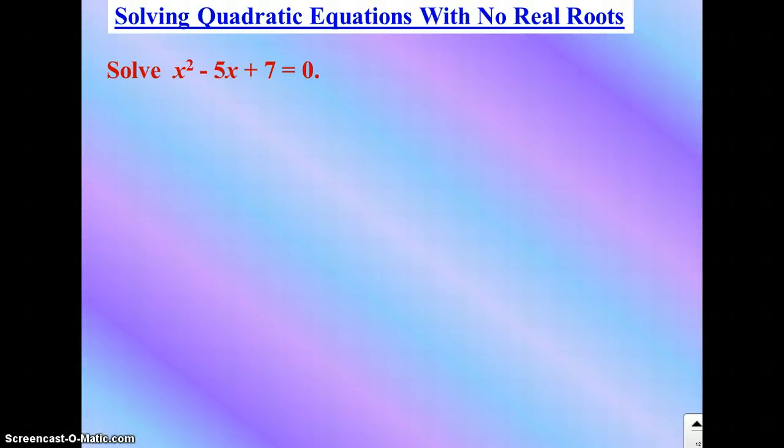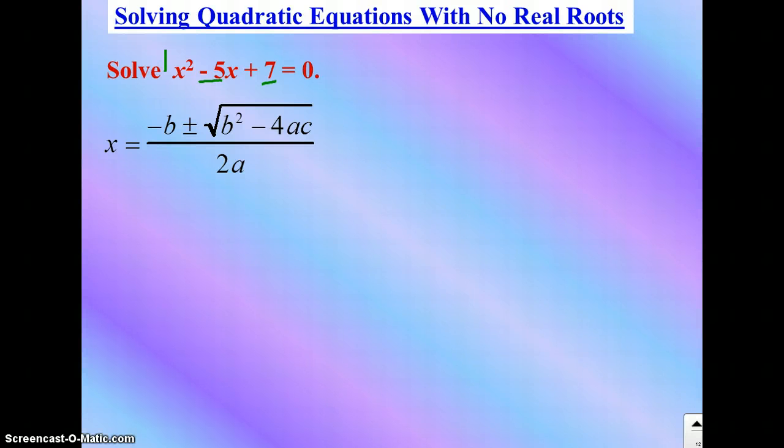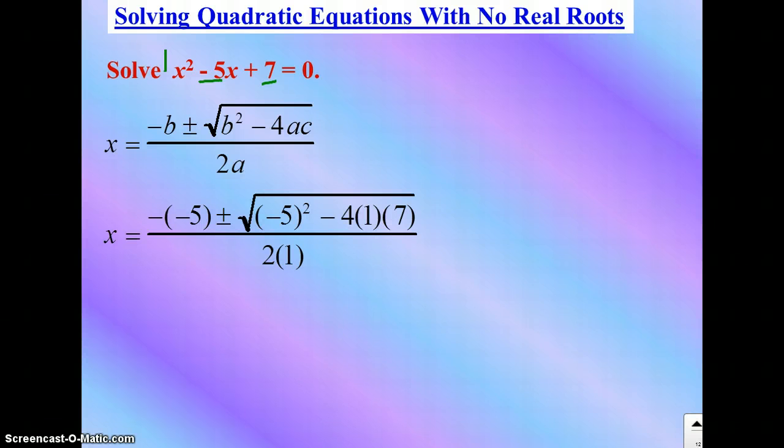Let's go and solve this quadratic equation. You've got your quadratic formula. We know that A is 1, B is negative 5, C is positive 7. Substitute into the formula. So negative 5 squared is positive 25, minus 4 times 1 times 7, which is 28.